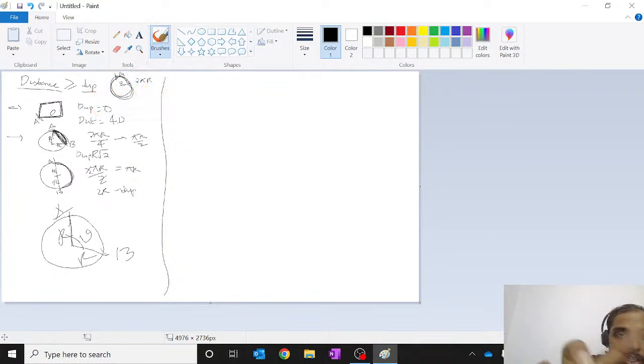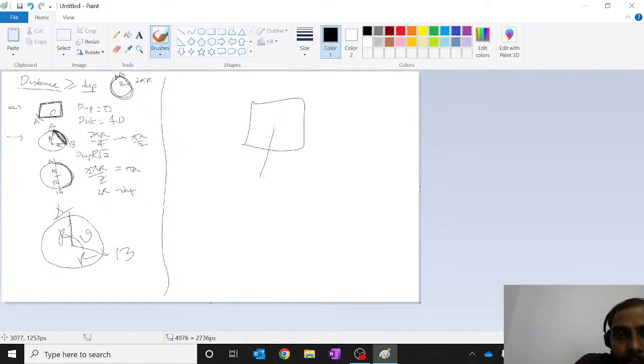Similarly, if I go to three-dimensional motion, assume you have a cube. Similar example. Assume this is point A. I have traveled from here to here, here, here. This is A, while my distance is nothing but A plus A plus A, which is 3A.